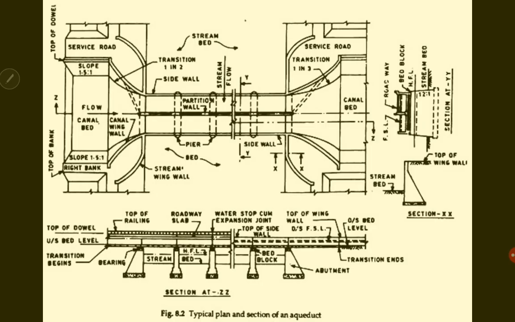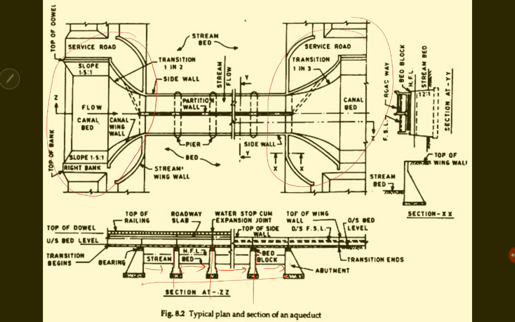This is the section that we get. You can see here, this is the first step that we did. We fixed up the waterway and then divided it into a number of spans and number of piers that we provide. The next step was to design the fluming part, these sections of the canal.